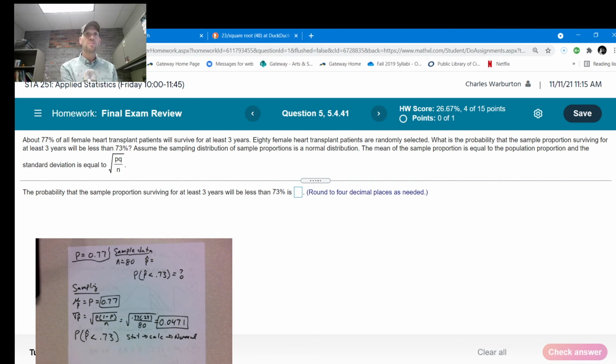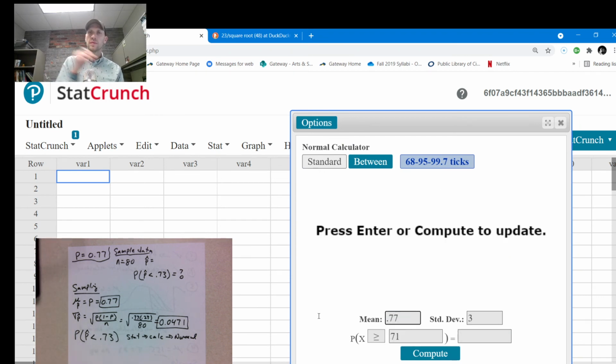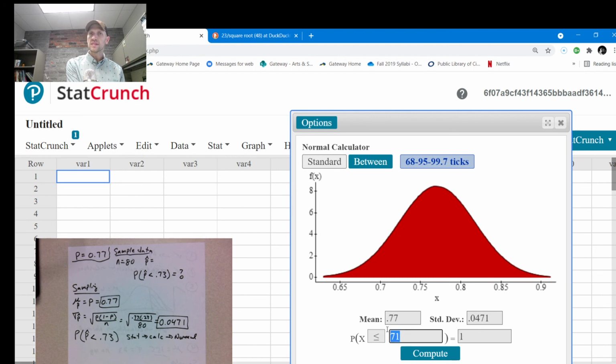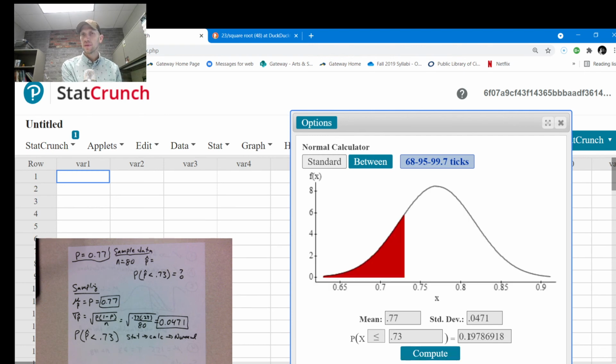So here I go. The mean is 0.77. The standard deviation is 0.0471. The probability that it is less than 0.73 is that. That's what we want.